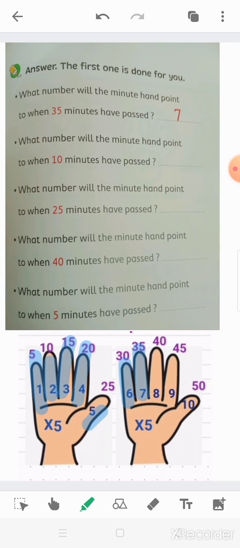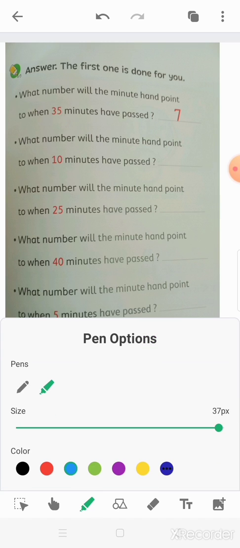Okay. Again, one more time. What number will the minute hand point to when 10 minutes have passed? Let's sing until we reach 10, or use table 5. 5, 10, stop. How many of my fingers? I've got 2. So the answer will be 2.